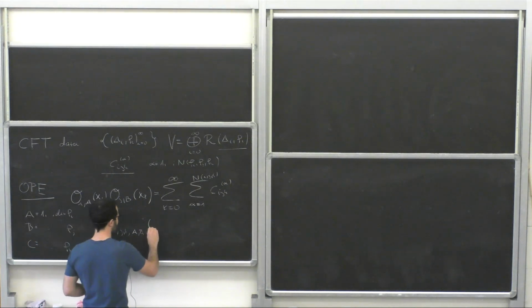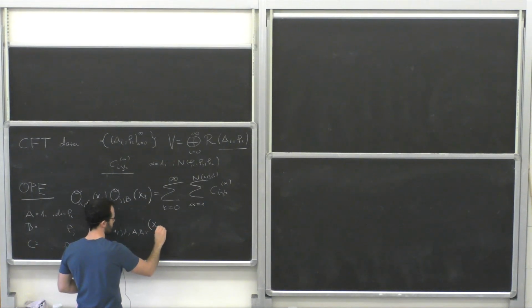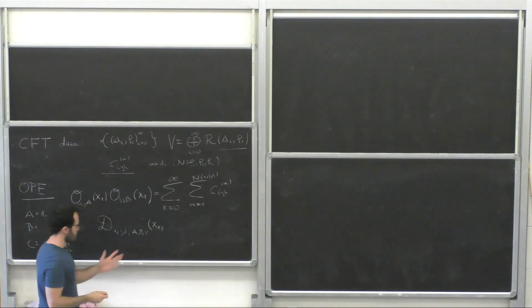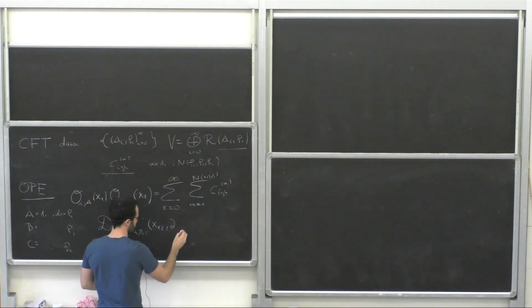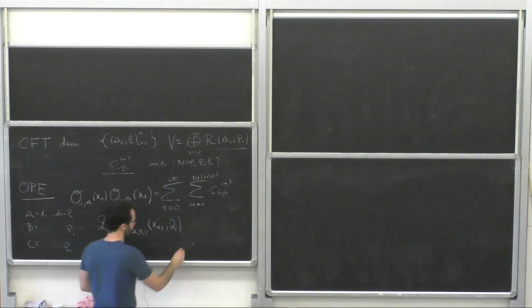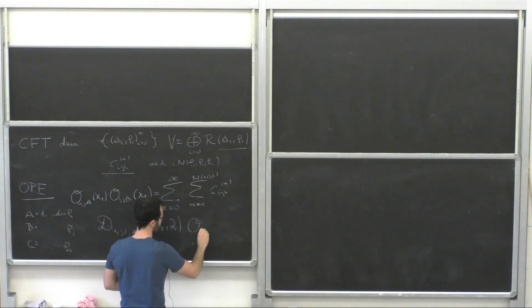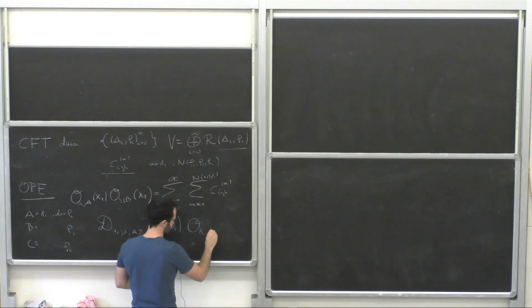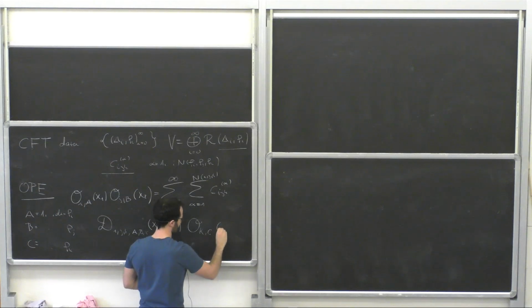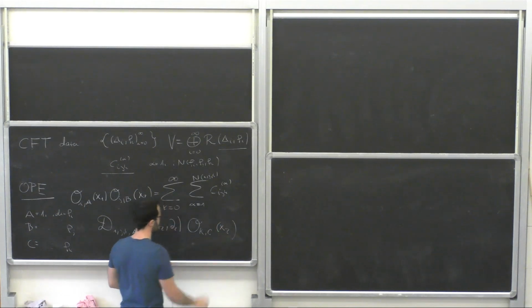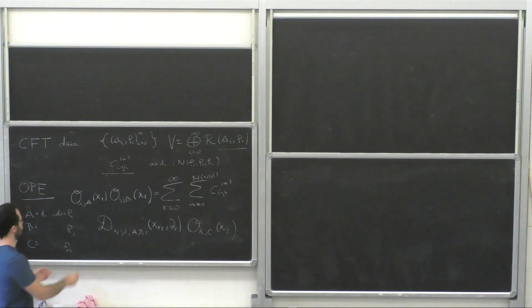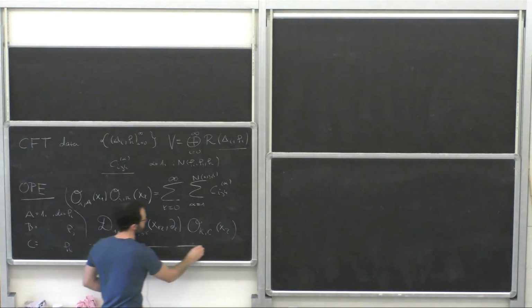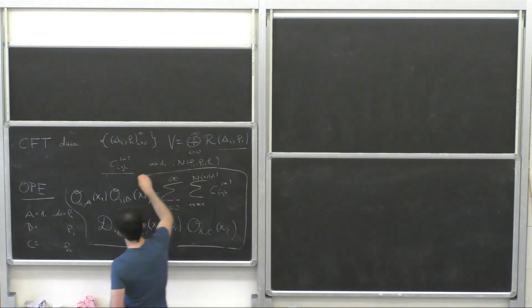This differential operator only depends on the vector x1 minus x2 and the derivative with respect to x2, and it acts on the conformal primary operator O_K with index C inserted at x2. So this is the most general form of the OPE for any spins.